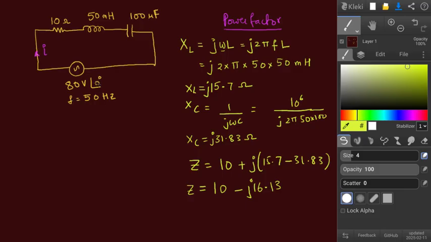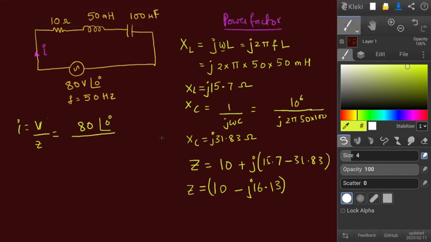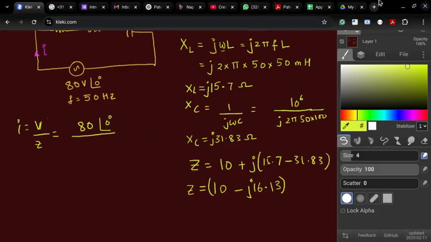Now, how do you find the current? Current is voltage divided by impedance. The voltage is in polar form, whereas the impedance is in rectangular form. Either you can directly use a calculator to find the current, or you can convert this into polar form. 80 at angle 0 is nothing but 80 plus j0. So let's calculate it here.